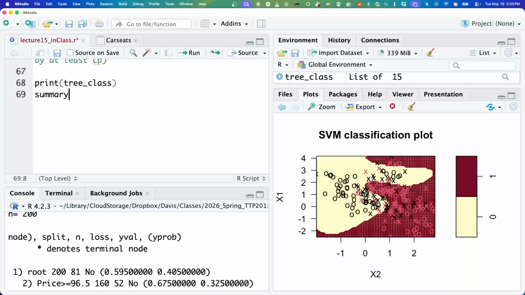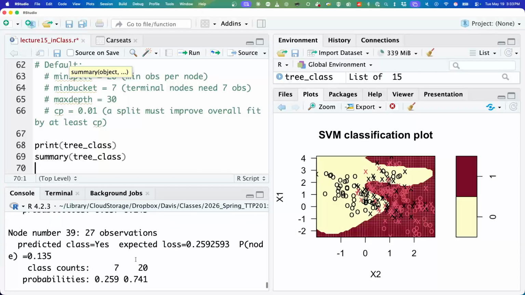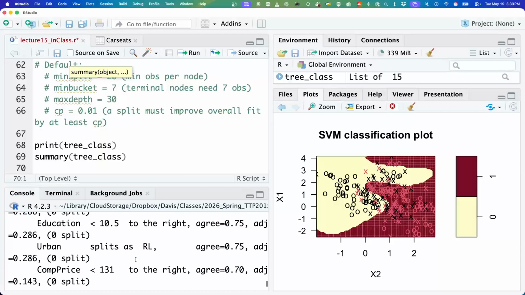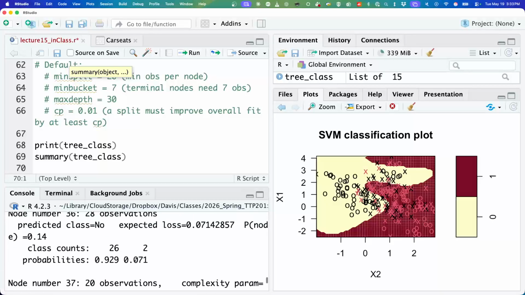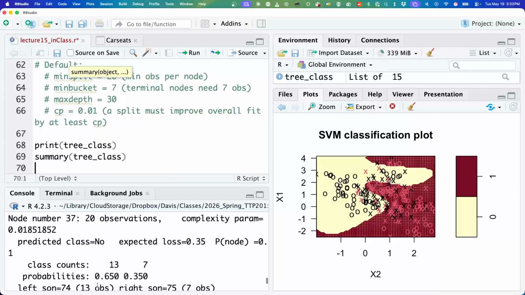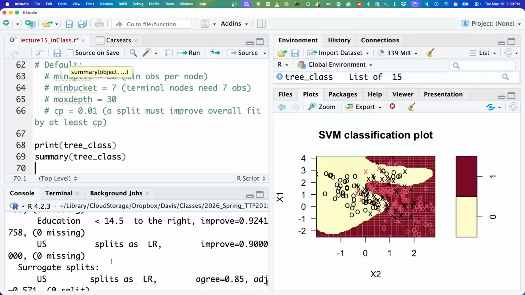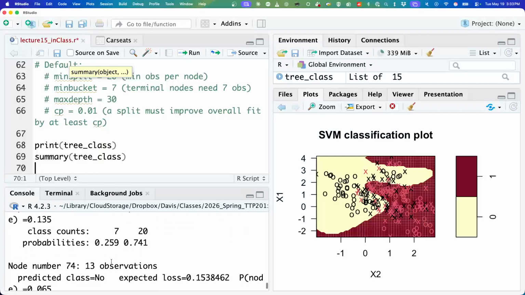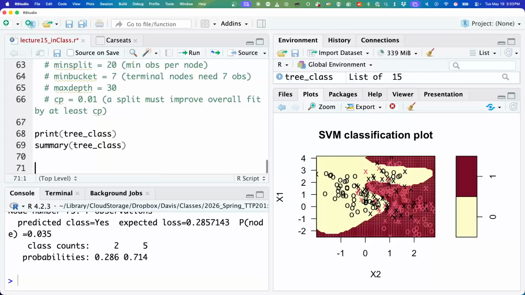You can do summary tree class 2, and this will give more detailed information for every node. So this particular node has some number of observations. It gives you the probabilities in all the splits. I think these are less intuitive ways of viewing the results.